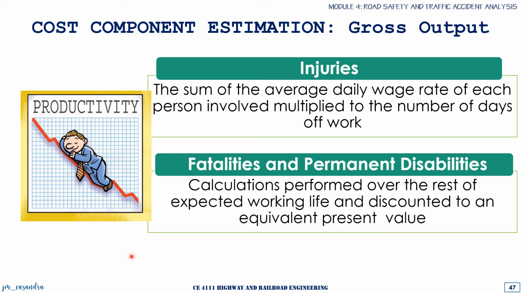Tapos, ang retiring age natin sa Philippines is 65. So, meaning, you have to cover your computations in a time of 65 minus 30. So, ibig sabihin, in your computations, that will be 35 years. So, you have to cover the productivity loss of that person within 35 years, and then equate it to an equivalent present value.